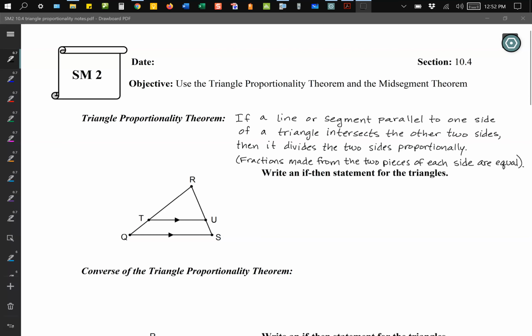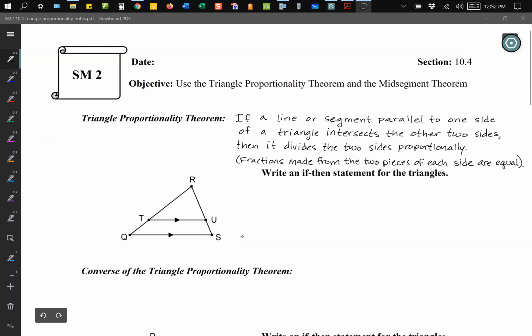So what it says is that if you have a line or a segment that's parallel to one side of a triangle. So in this drawing right here, segment TU is parallel to segment QS, which is one side of this triangle right here.